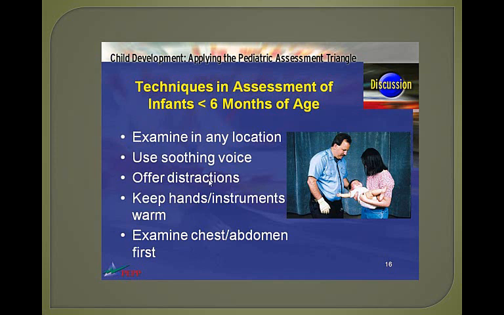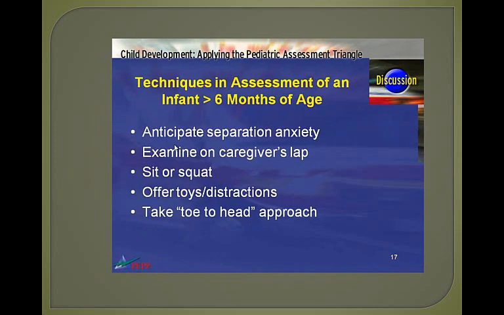When examining an infant, you can examine them in any location. You just need to use a soothing voice and offer distractions. Keep your hands and instruments warm, and always examine the chest and abdomen first. In assessing an infant greater than 6 months of age, you should anticipate separation anxiety.